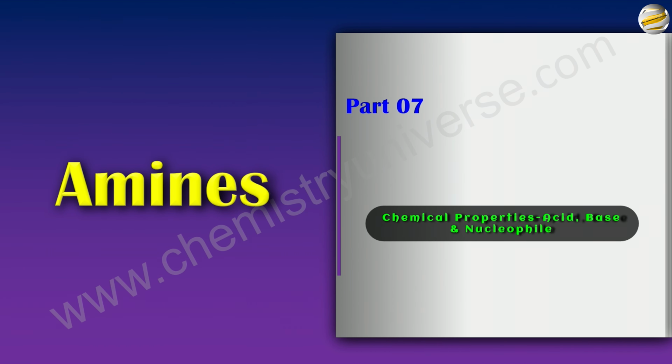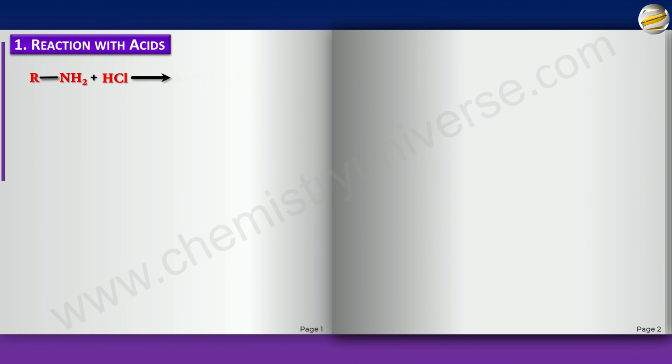Okay, so we are into part 7, chemical properties: acid, base, and nucleophilic ability. The first one that we're going to talk about is reaction with acids. Now, obviously, nitrogen being basic, it can act as a base and therefore takes on acids and forms salts.